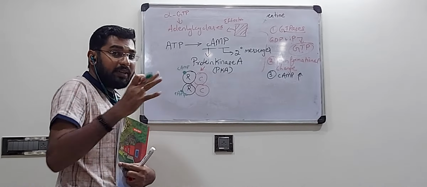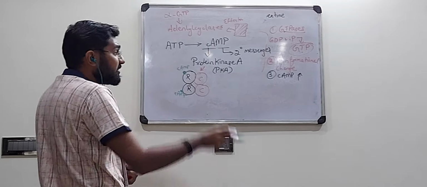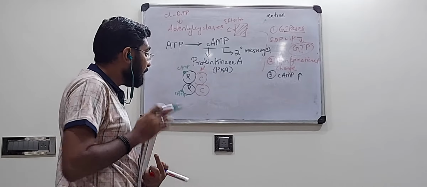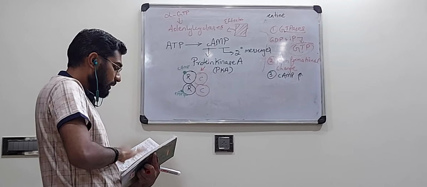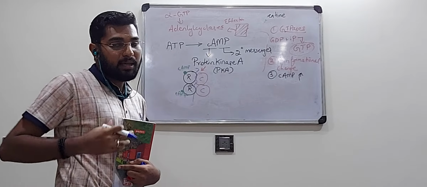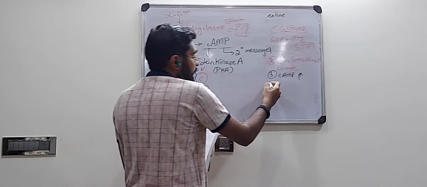Until then the C subunit will be joined with the R subunit and is in the inactive form. Once the cAMP comes and binds to the R subunit, the C subunit separates from the R subunit and gets cleaved, and the C subunit comes off separately. And now this protein, this is the fourth step.